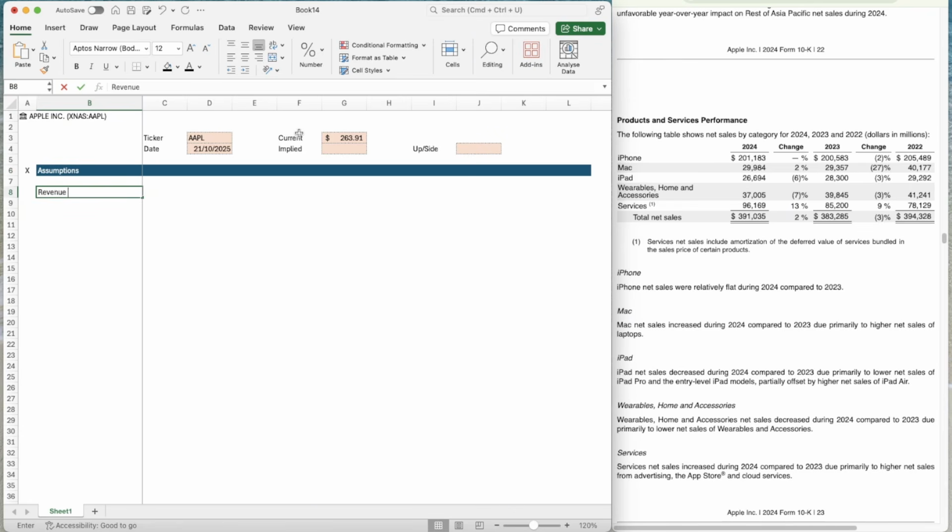So for revenue segment, we're going to put what we see here: iPhone, Mac, iPad, wearables, home and accessories, and services.